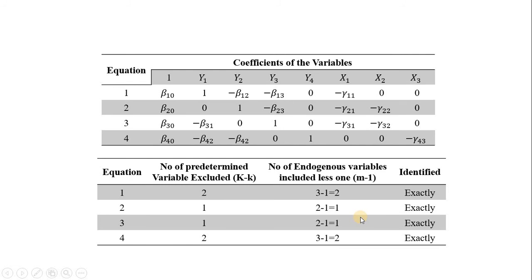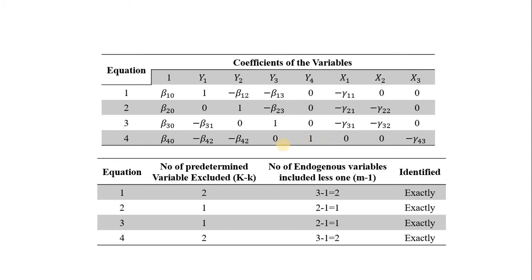Look at the last one. 2 x1 and x2 are excluded, and x1 and x2 are included in some other equation. Look at 3: 3 is included, 2 is also included, but 4 is excluded.